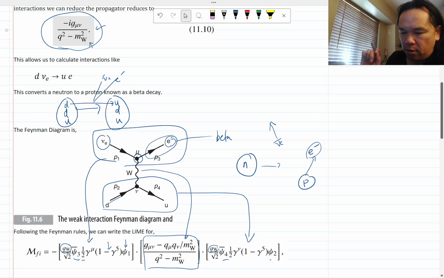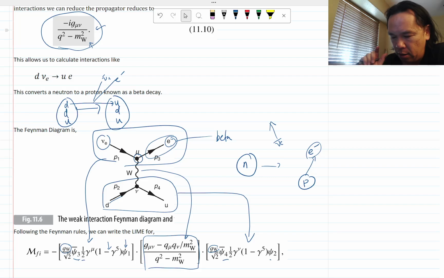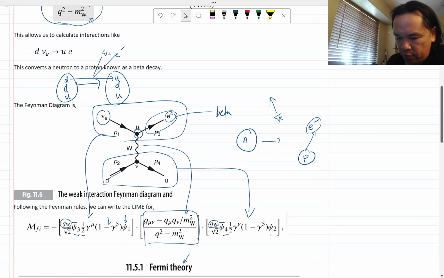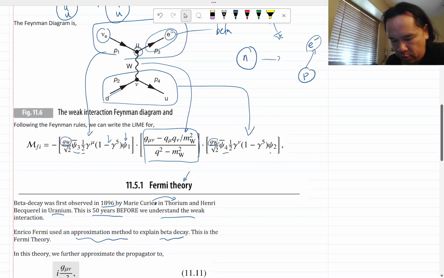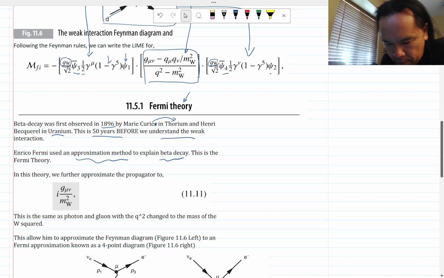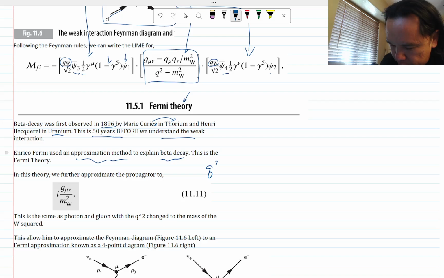During these neutron decays, the q squared is going to be very small, because the mass difference between the neutron and the proton is so small, it's just giving off a little bit of energy during being exchanged between them. So q squared is very small. So in that case, since q squared is very small, it's going to be much smaller than the mass of the W, which people didn't know what it was at that time also.